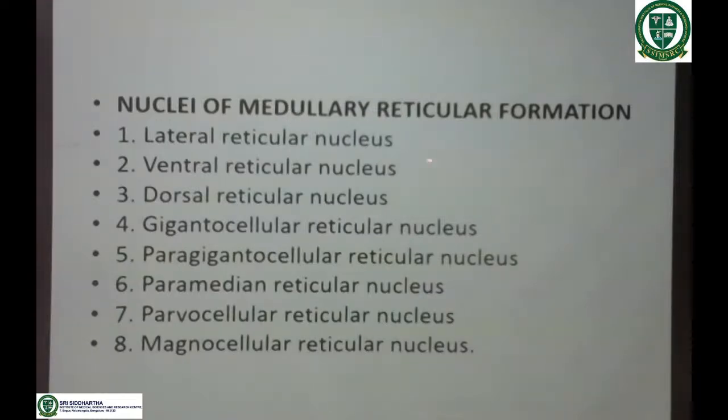The nuclei of the medullary reticular formation contribute to the medullary reticular formation. Which are the nuclei here?